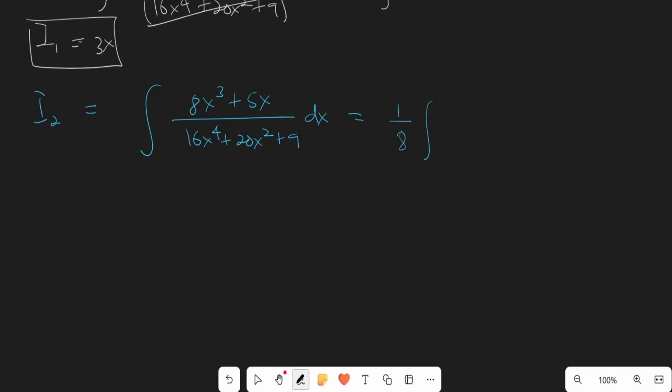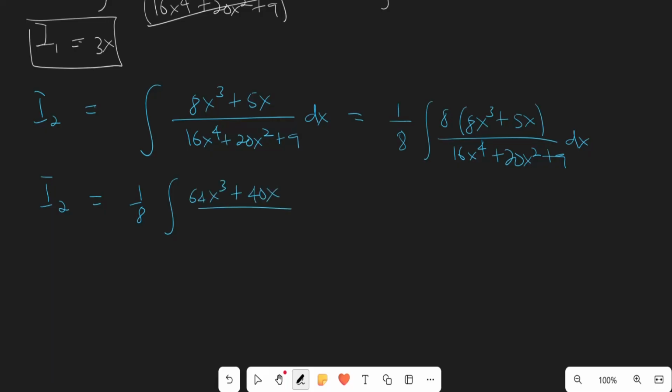So I2 is going to be 1/8 the integral of 8 multiplied by 8x to the 3rd plus 5x, that would be 64x to the 3rd plus 40x, divided by 16x to the 4th power plus 20x squared plus 9 dx.